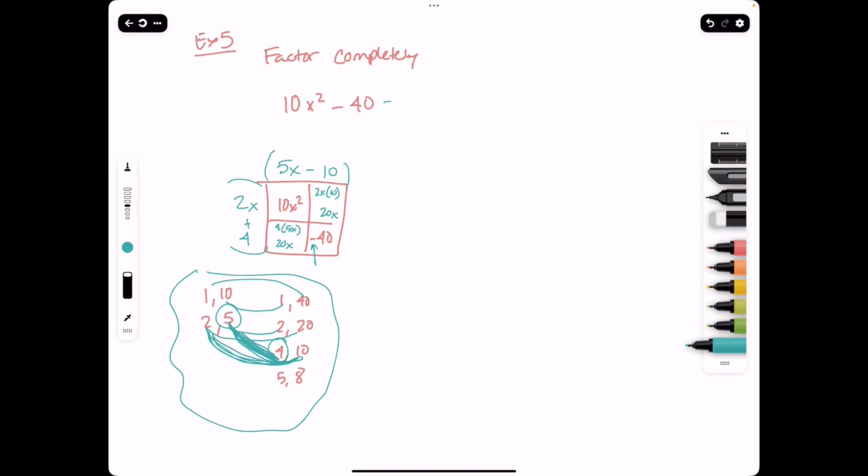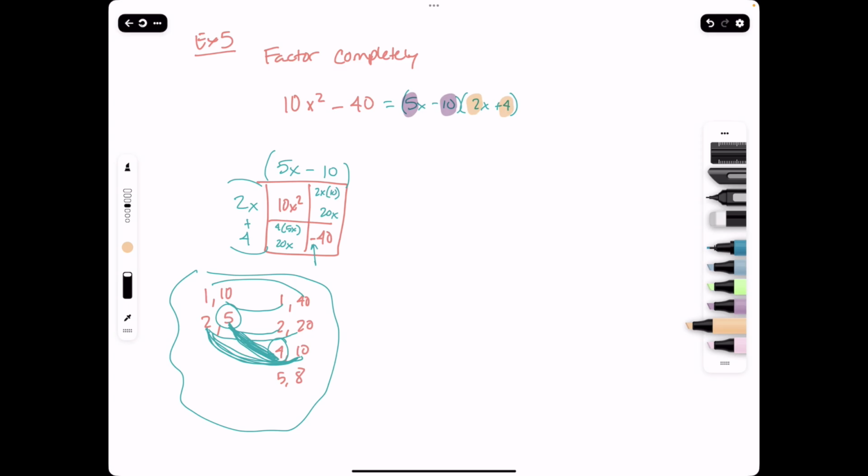So if I look at this and I say, okay, I'm going to factor it, I get 5x minus 10, and I get 2x plus 4. If I look closely at these, let's see something here. This 5 and this 10 have a factor in common, so it's not completely factored. This 2 and 4 have a factor in common.